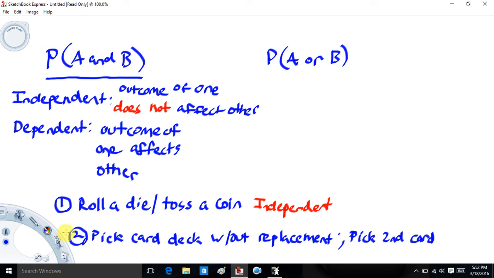Since I picked the first card and I didn't replace it, there's one less card to choose from when I pick the second card. So these 2 events are dependent, because choosing the first card affects choosing the second card. Okay.